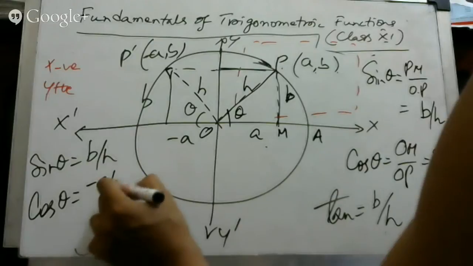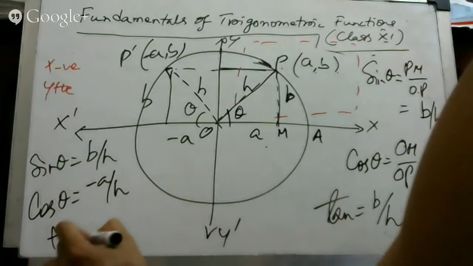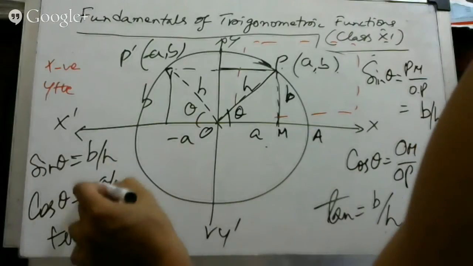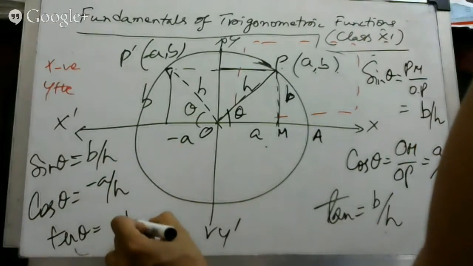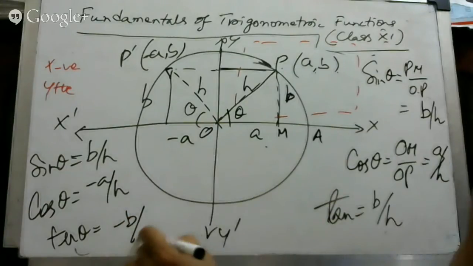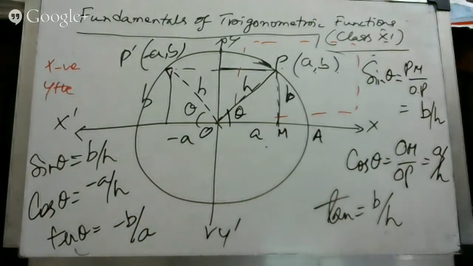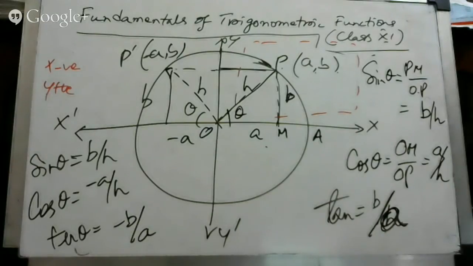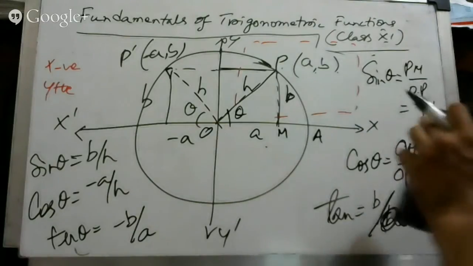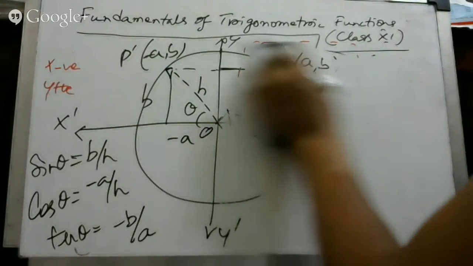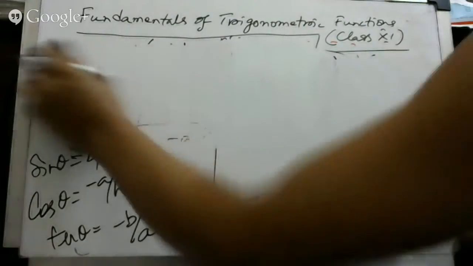It is minus A by H, and tan theta is equal to sin theta by cos theta. Sin is positive, cos is negative, so it will become minus B by A. So now with this explanation, let's try to draw a bigger picture. What does it mean?